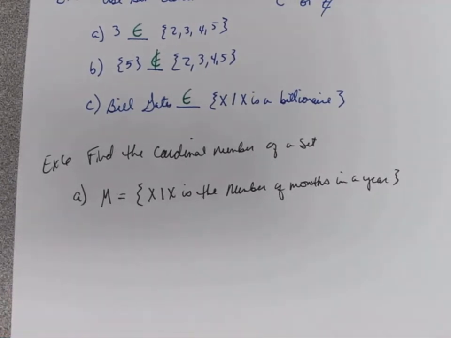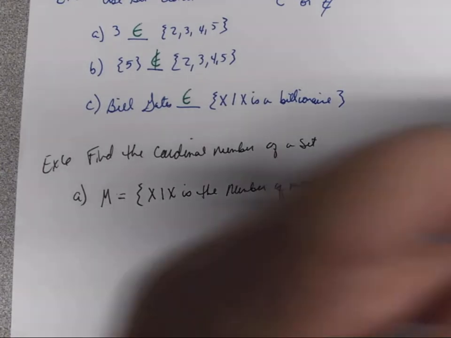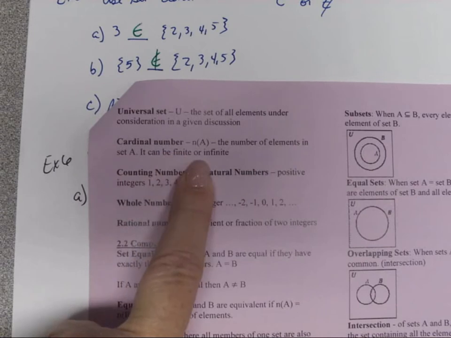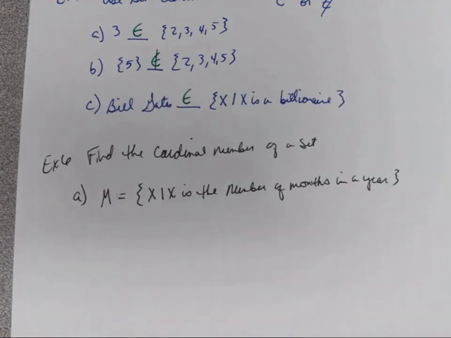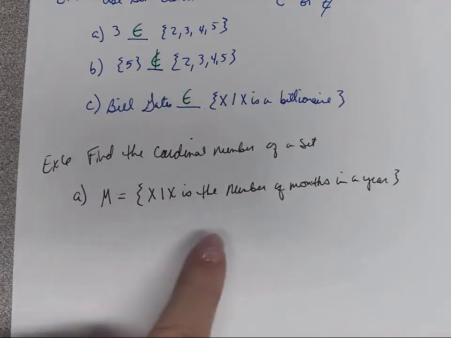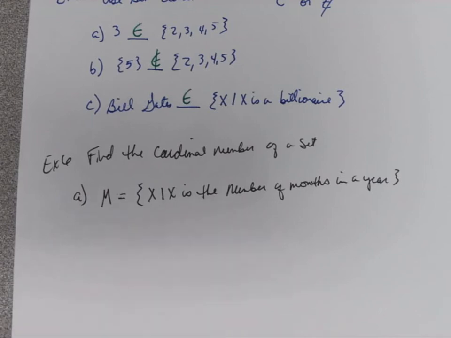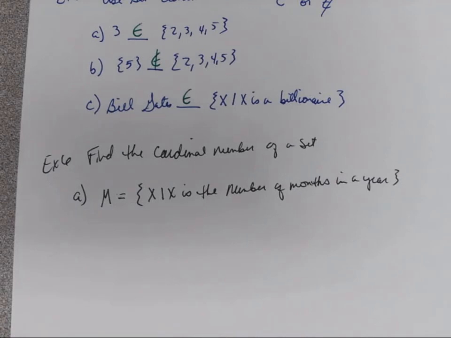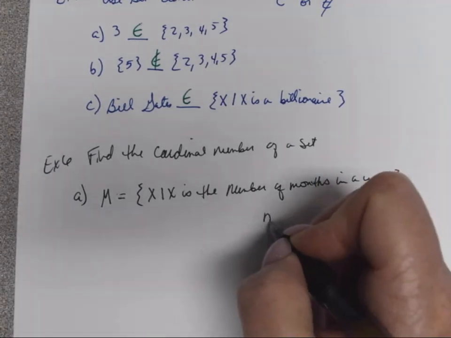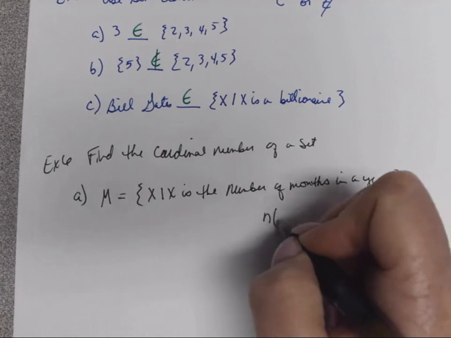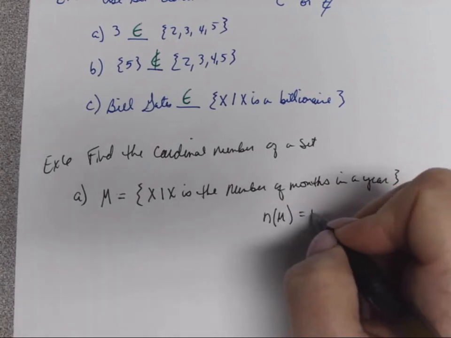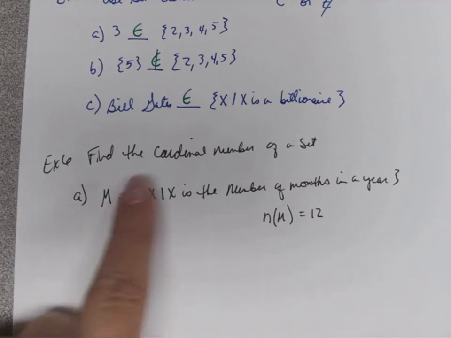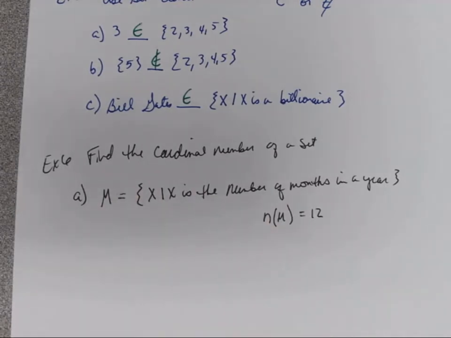So remember those cardinal numbers, it's the number of elements in a set. And it can be finite or infinite. So what's the number that is happening? Well, there are 12 months in a year. So our set is finite, and we can say that the number of M is equal to 12. The number of M, because that's our set M, is 12, because there's 12 months in a year.